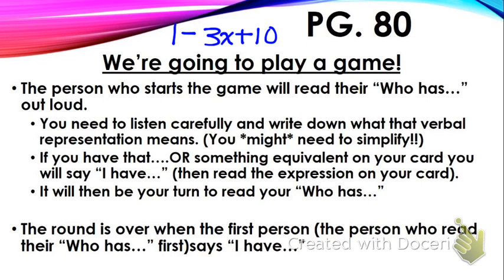Yes, because from the 1 we're taking the sum, not just the 3x. So I do want parentheses around this. What would that look like when I distribute it? Negative 3x, negative 10, and then I combine.